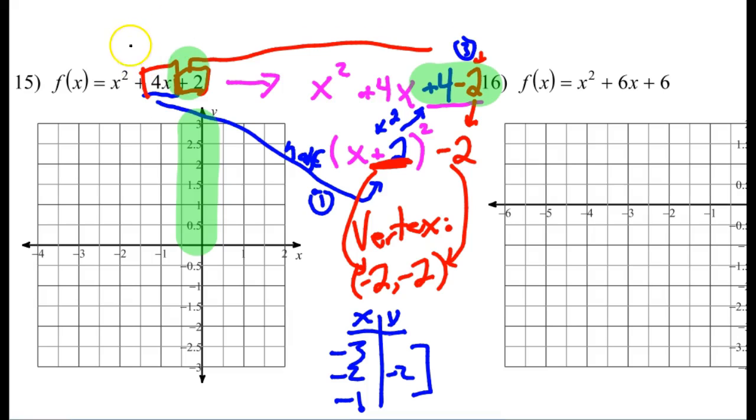You could figure out the discriminant right here, find b squared minus 4ac, and you'll know how many answers there are before you even start. 16 minus 8, there are going to be 2 answers for sure, because it's a positive number. So you already know there's 2 x-intercepts somewhere. That will help guide your graphing. Okay, so you can work on that for the next 10 minutes of class, and have it all finished when you walk in the door tomorrow.